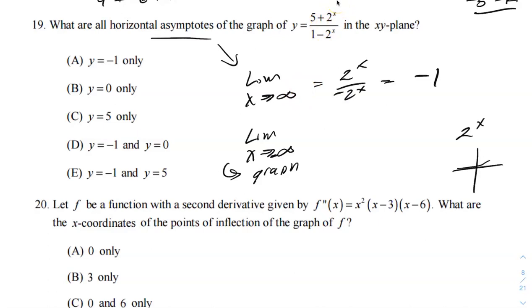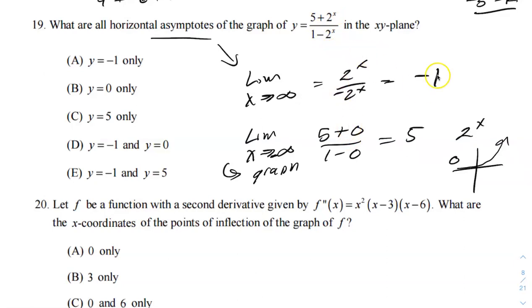As you go to infinity, you get infinity. As you go to negative infinity, you get 0. So as I go to negative infinity, this turns into 5 plus 0 over 1 minus 0, so you just get 5.